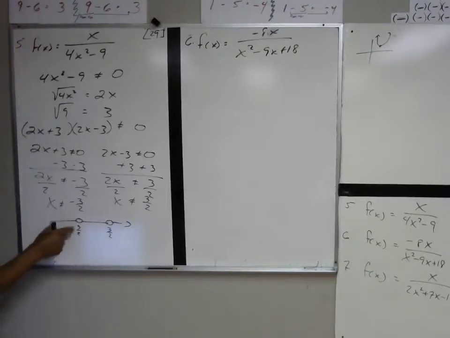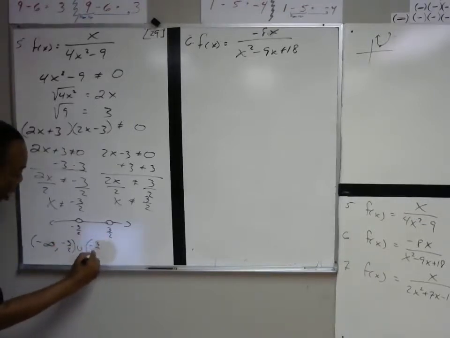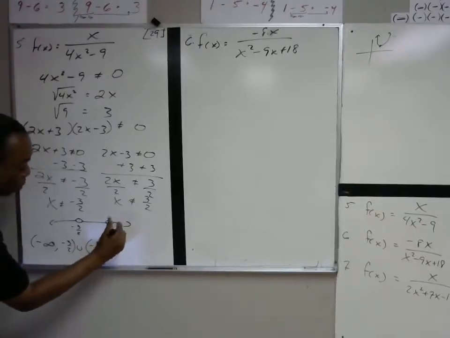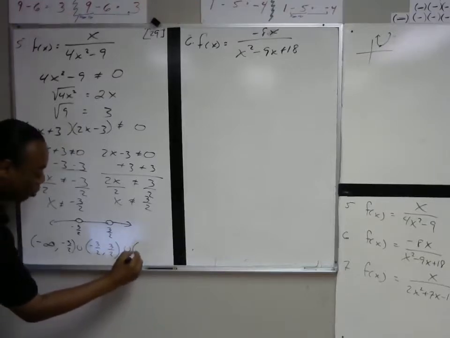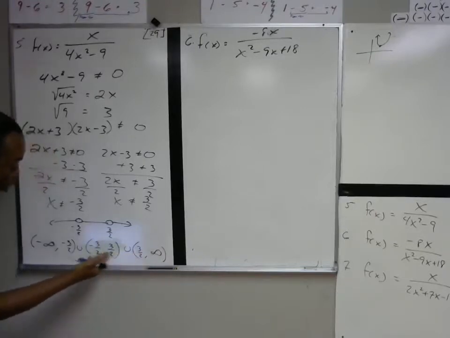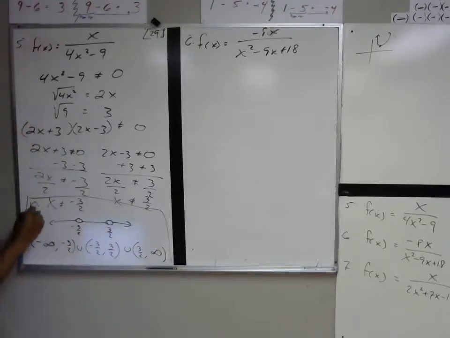Also, to represent this in interval notation, this will be negative infinity to -3/2, union with this part right here, which is everything from -3/2 to 3/2, and this part right here, which is everything from 3/2 to positive infinity. Again, not including -3/2 and 3/2. So this is your domain, or three expressions of the domain.